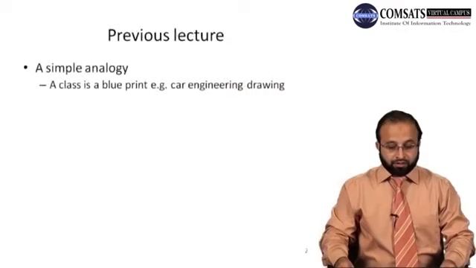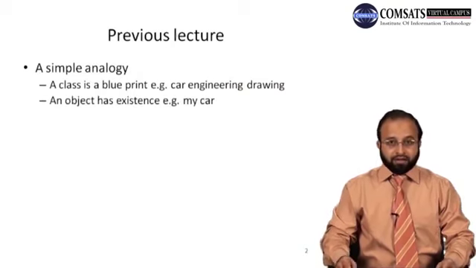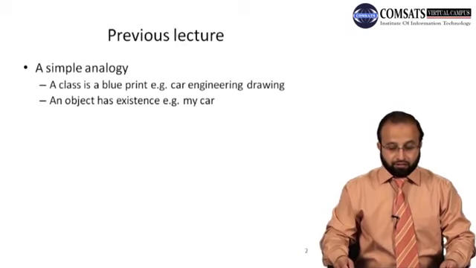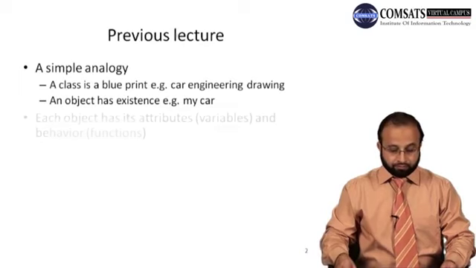In the previous lecture, I have shown you a simple analogy to understand the class and the object. We have seen in the previous lecture that a class is actually a blueprint, for example, a car engineering drawing, and an object is something that has some existence, for example, my car or your car.